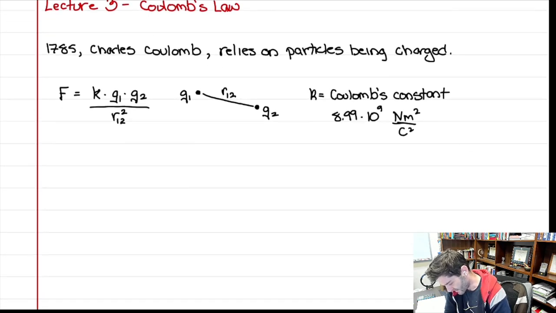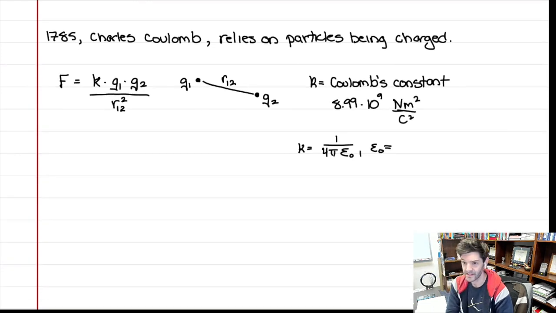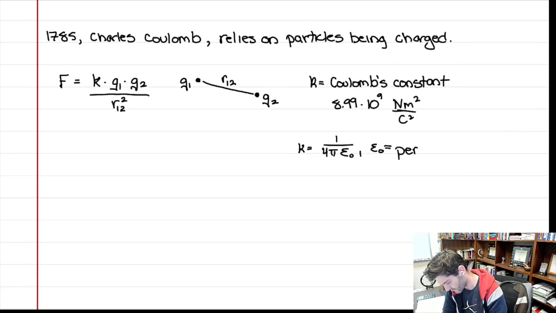We will also see that this k can be written in terms of some other more physically motivated quantities. So sometimes k is written as 1 over 4 pi epsilon naught, where epsilon naught has many names, but we'll call it the permittivity constant.